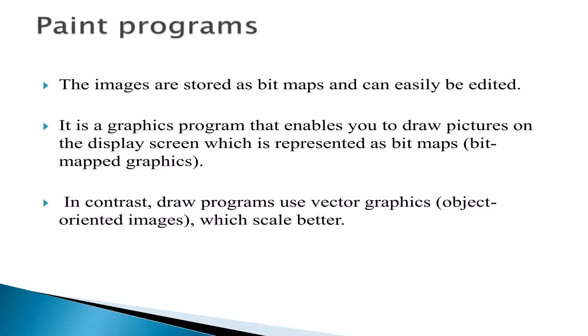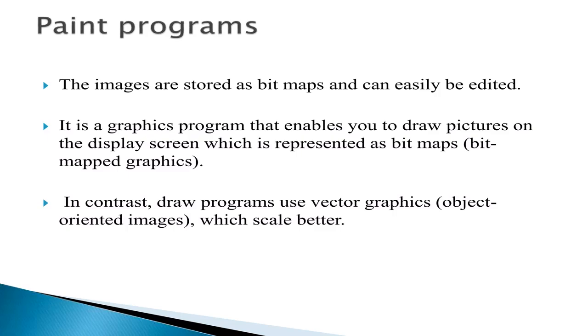We have paint programs. The images are stored as bitmaps and can easily be edited. Once you are using a paint program, you will be able to store your information or images in the form of bits, and you can easily manipulate them, which is the process of editing them.